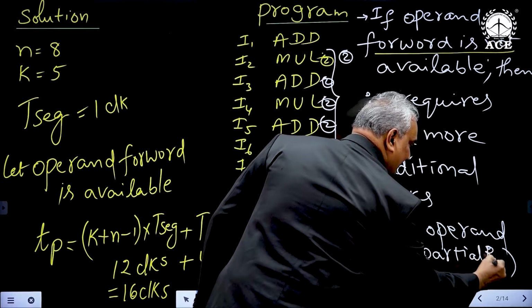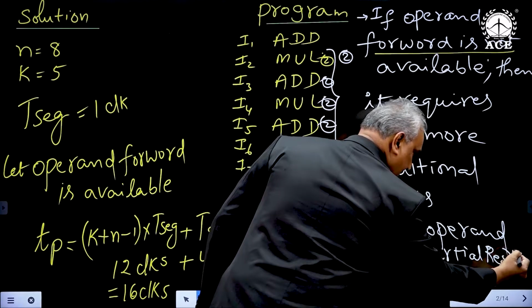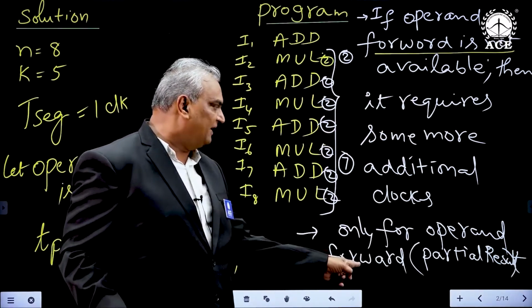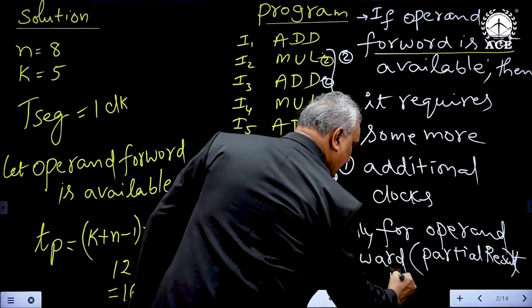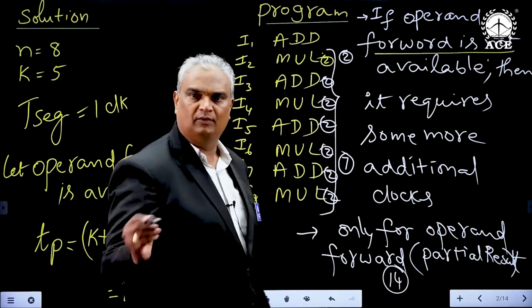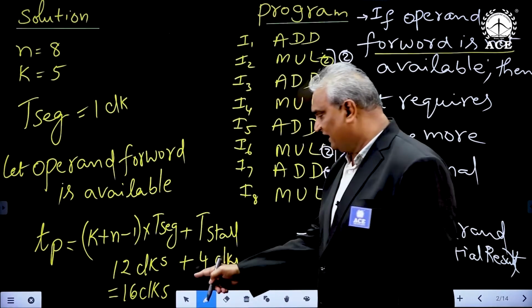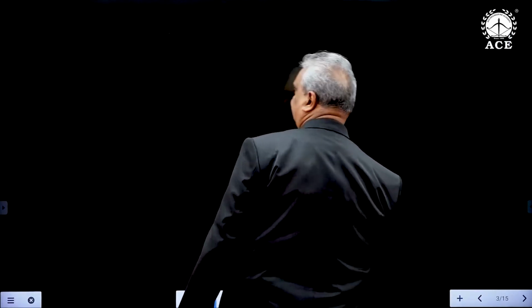To supply the partial result is also known as operand forward. How many additional clocks are required? 14. Okay. If the operand forward technique is there, how many clocks were required? 16. That's why. Take the next page.